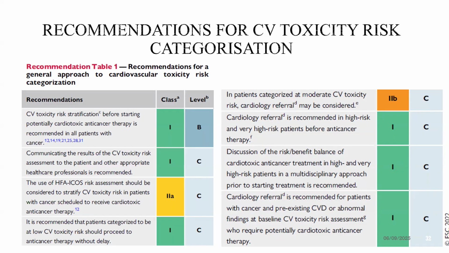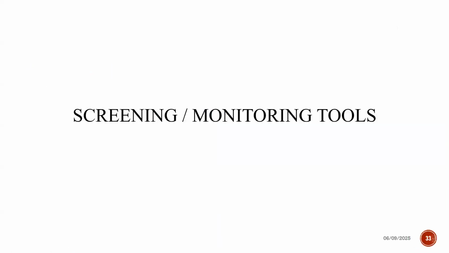The use of the Heart Failure Association and International Cardio-Oncology Society risk assessments should be considered to stratify cardiovascular toxicity risk in patients with cancer who are scheduled to receive cardiotoxic cancer therapy. So I'll skip the rest because it's been mentioned already.